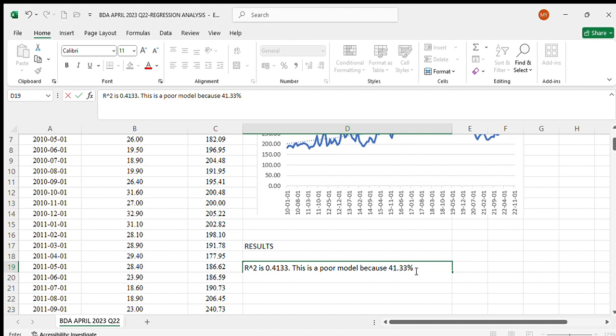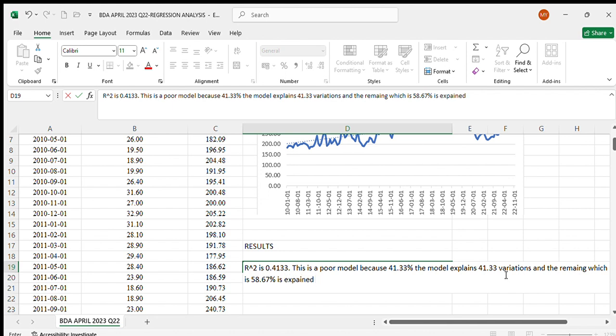This means the model explains 41.33% of the variations, and the remaining 58.67% is explained by other factors other than this model.